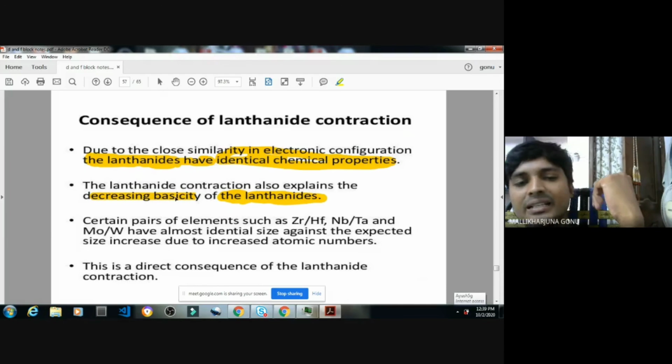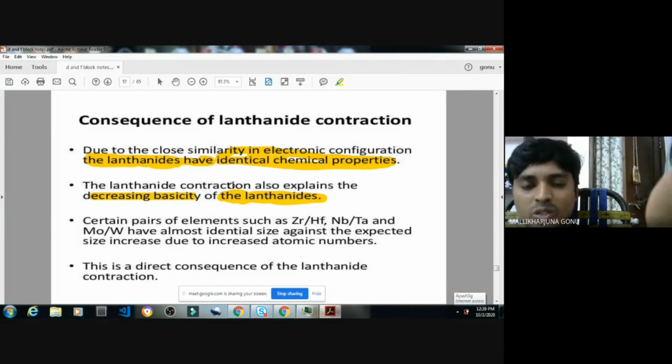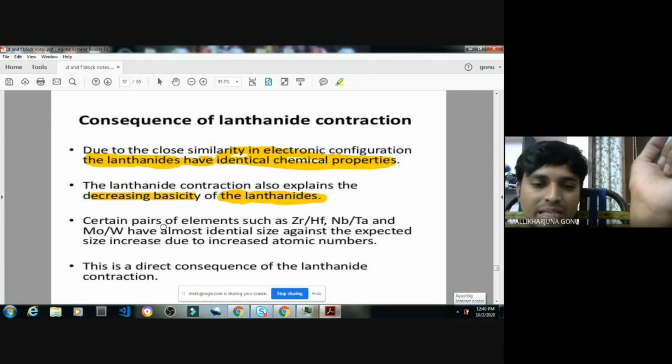The nature of the basicity is also explained by the lanthanide contraction only. Usually those metals are expected to be good bases in solution, but they are not that basic; the basicity decreases going across the period. Why? Because those are having almost the same sizes.